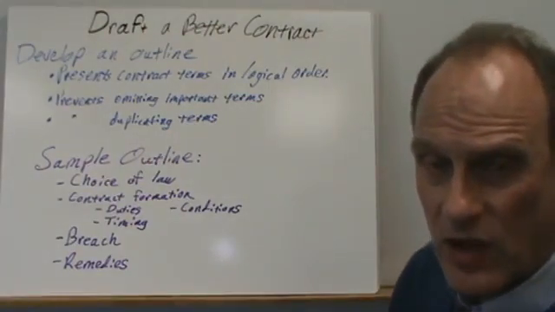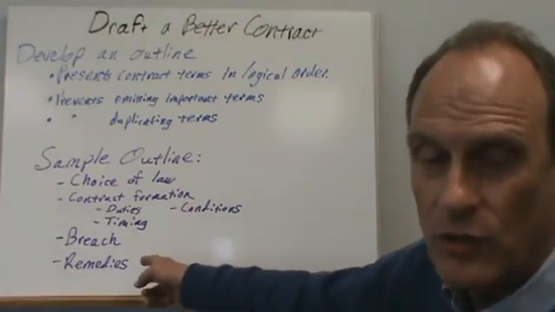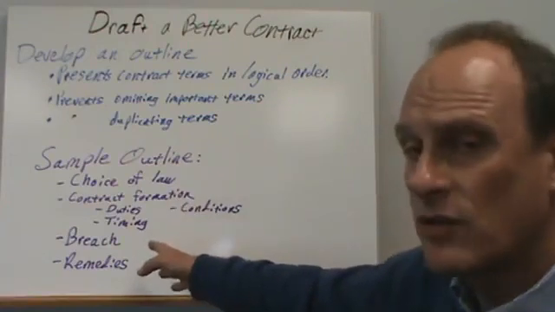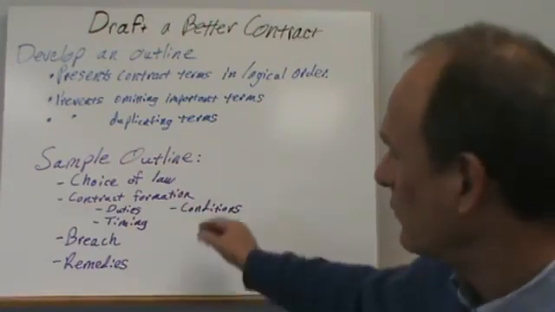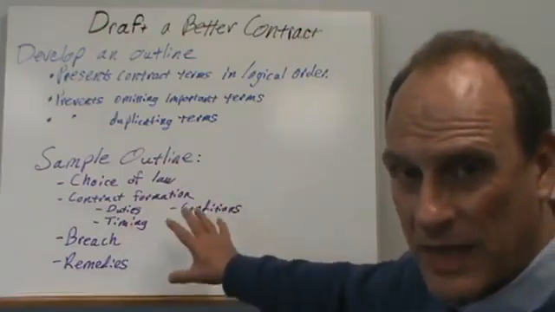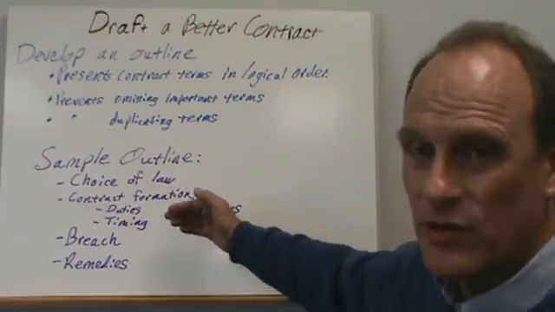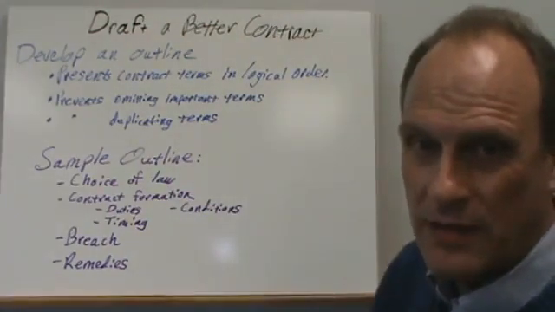Any events that would trigger those duties? What about breach? What constitutes a breach of the contract? And then finally, if there is a breach, what are the remedies that the parties share? It's very interesting. What struck me as I prepared this is that this sample outline pretty much tracks the way the subject of contracts is presented in many textbooks.